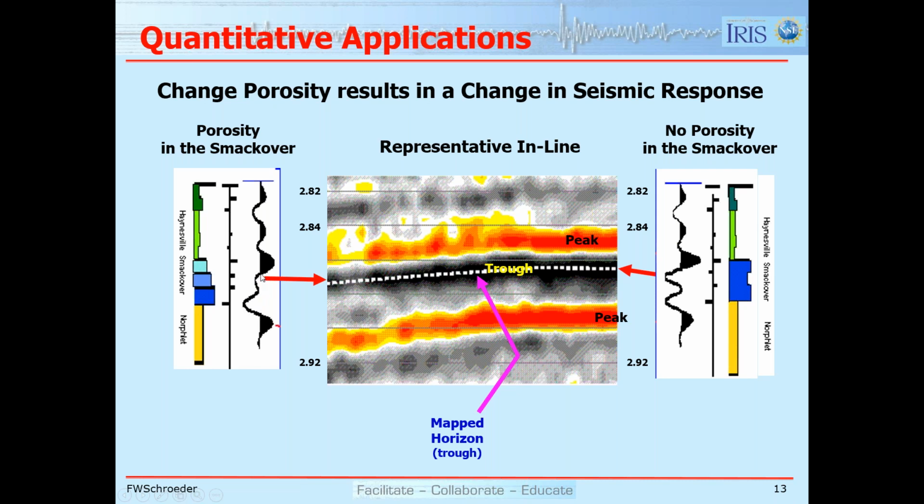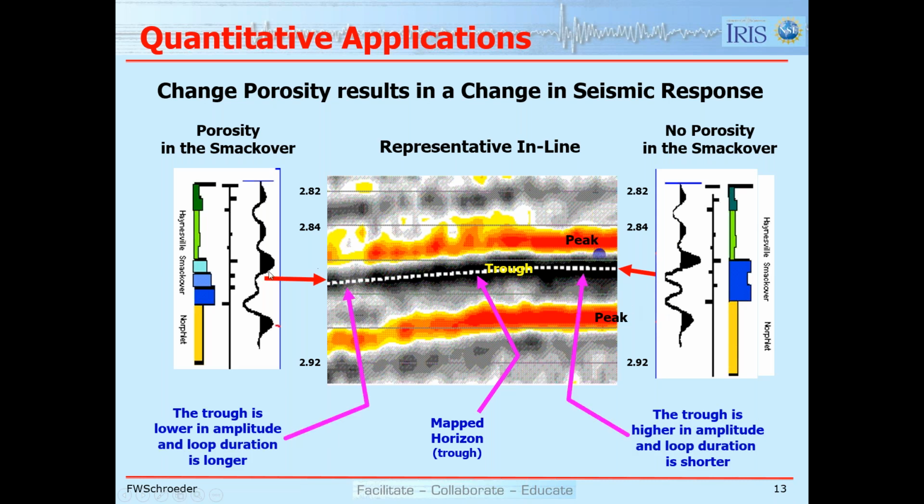From zero, it's a small excursion to the left and then a large excursion to the left. We compare that to where it's tight. It's a big excursion to the left, an intervening secondary maxima, and then another big excursion to the left.